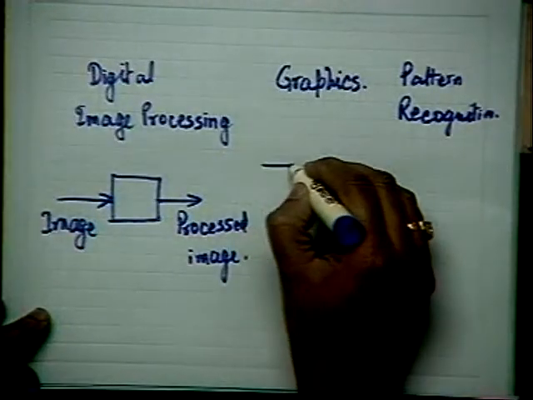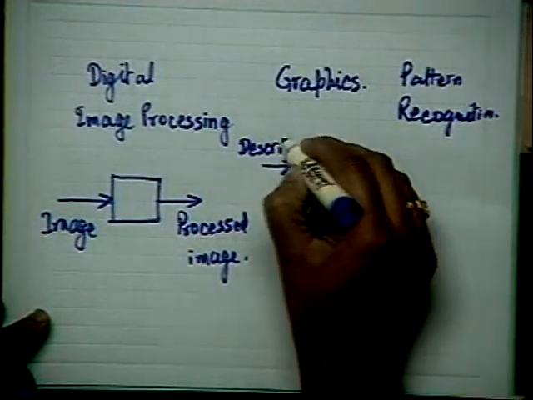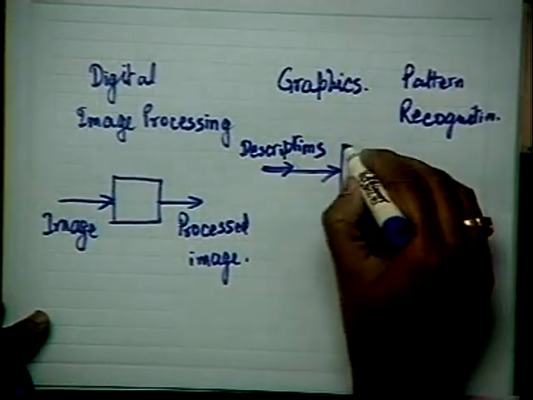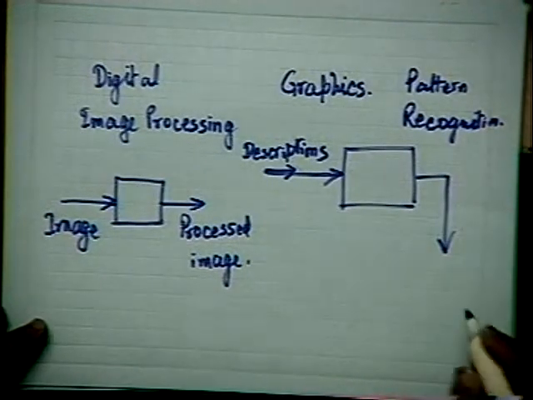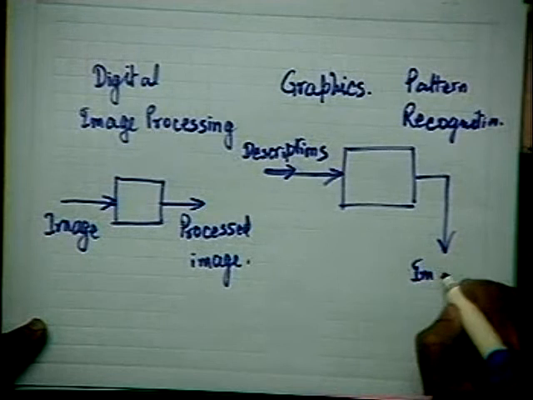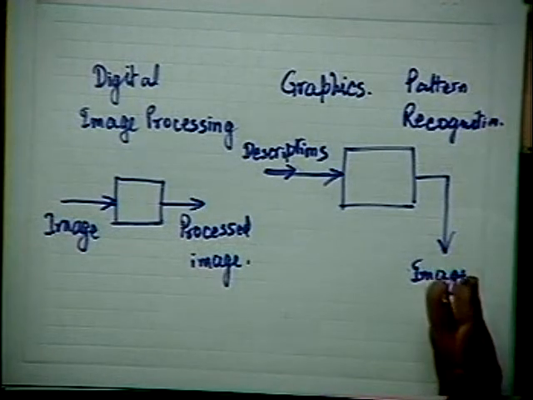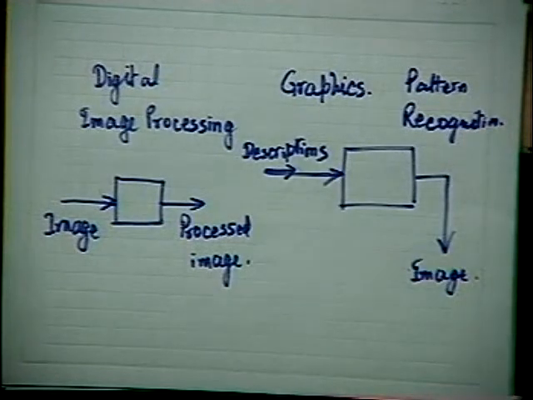So in computer graphics, the input is a set of descriptions, we do some processing within the computer, and the output which we generate is an image. But this image is synthetically generated, in the sense that it is not a real picture, but something generated out of the descriptions which we have fed.